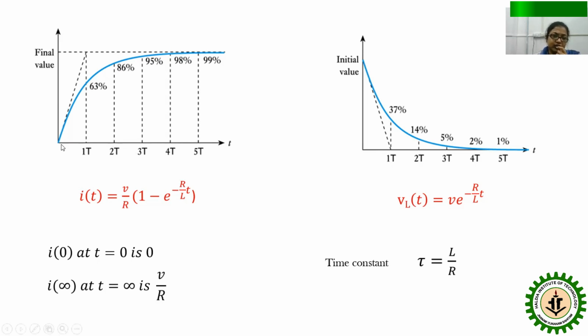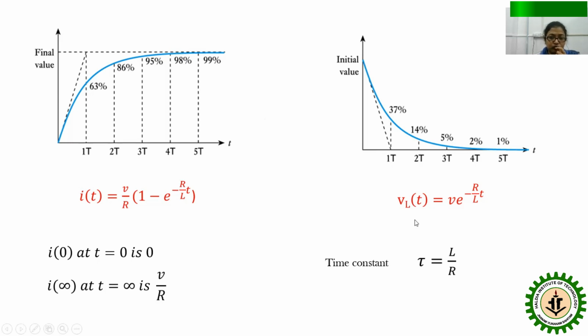So the period from 0 to 3 tau, or up to 4 tau, you can also consider. This time is responsible for the transient response, and after 4 tau the curve reaches the steady state or final state, meaning it shows a constant value.